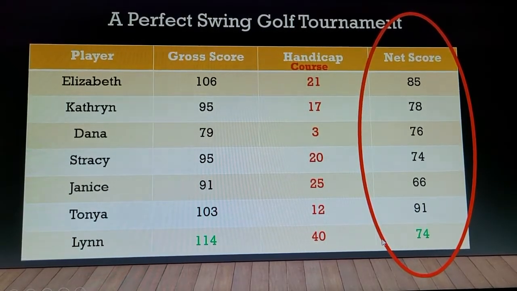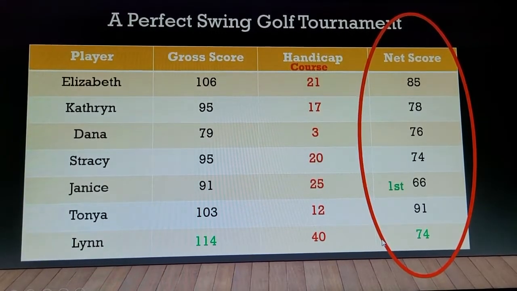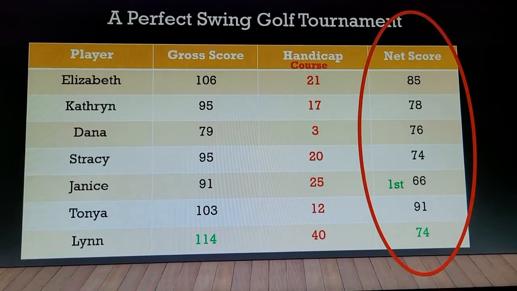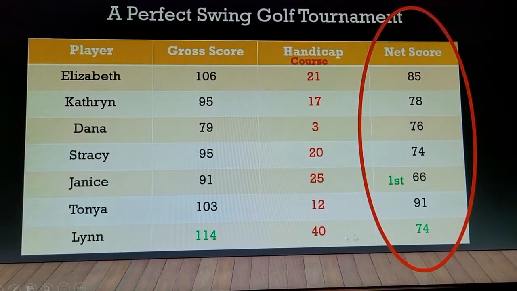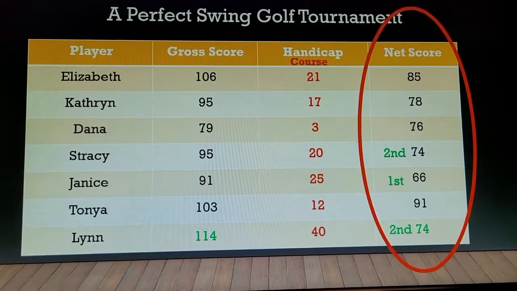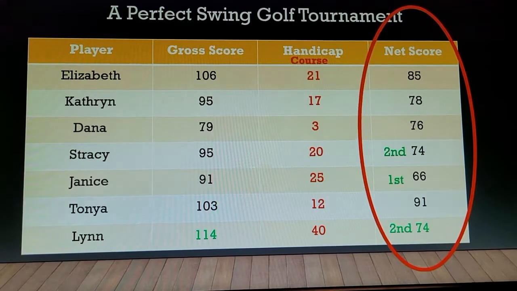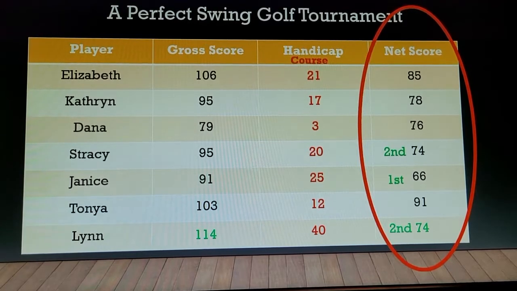As we analyze the scores, what we'll find is that our first place winner is Janice with a net score of 66. And then our second place winner, oh, look, we have a tie. There's a tie between Stracy with a low net score of 74 and Lynn with a net score of 74 as well.